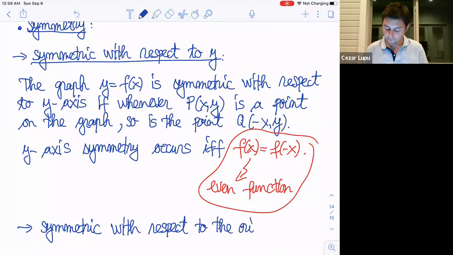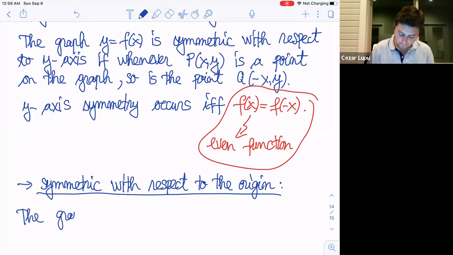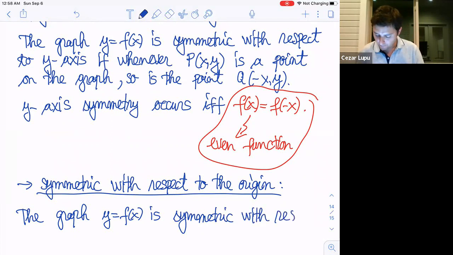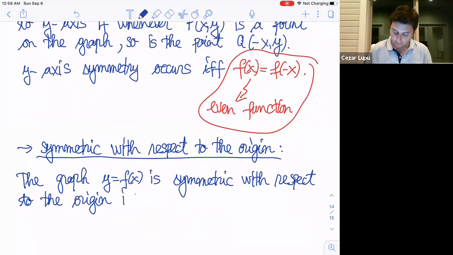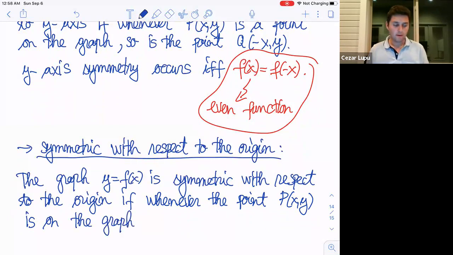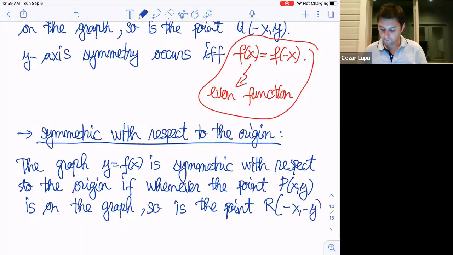To the origin. All right, the same thing: the graph y equals f of x is symmetric with respect to the origin if whenever the point P of coordinates x, y is on the graph, so is the point, let's call this R, of coordinates negative x, negative y, right?